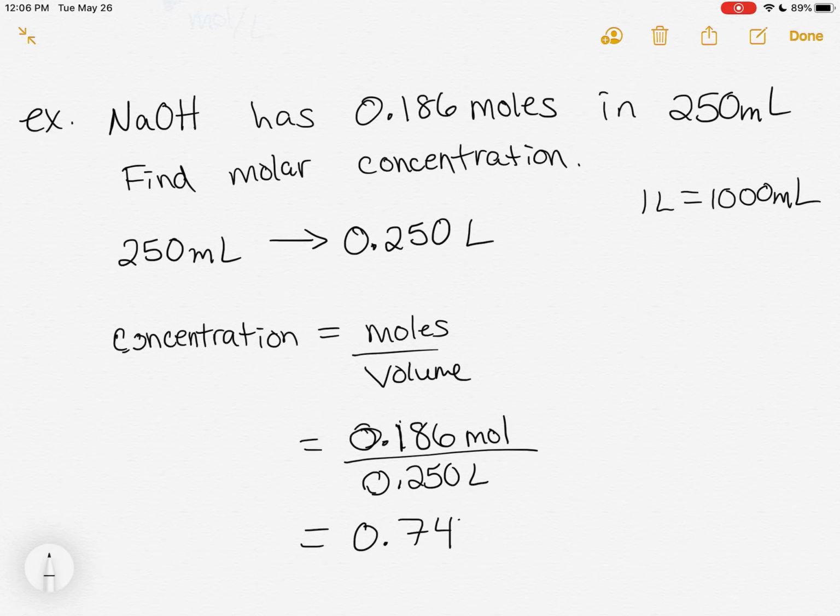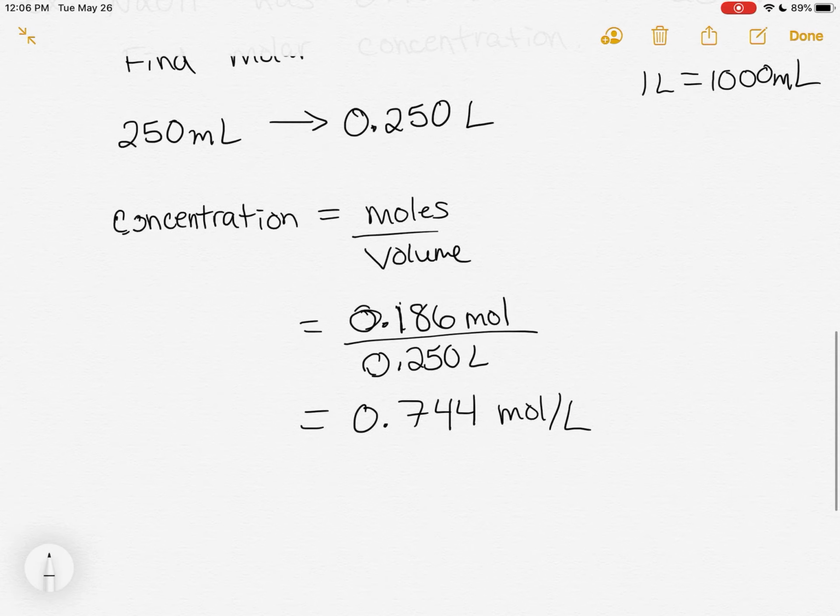And so we're getting a concentration of 0.744 moles per liter, or 0.744 molar. And again, don't forget those mean exactly the same thing. That's relatively easy: if we know the moles and the volume, we can calculate the concentration using one very simple calculation.